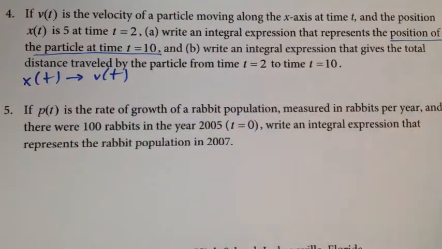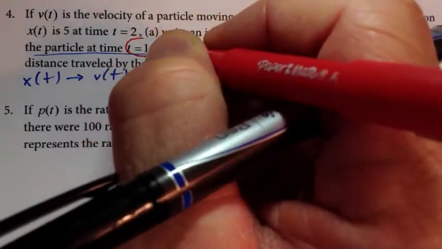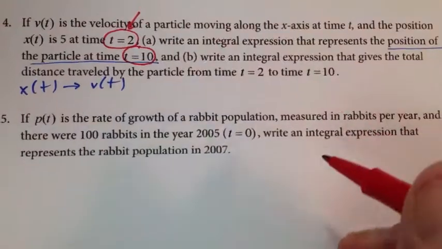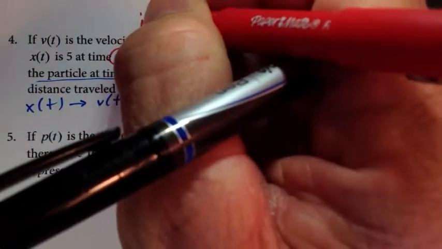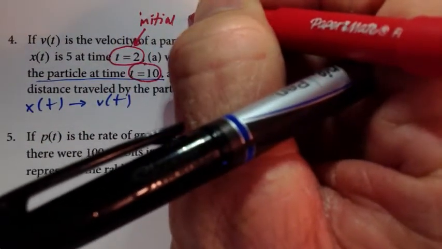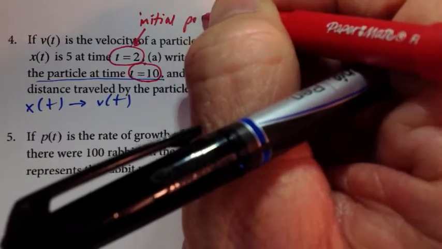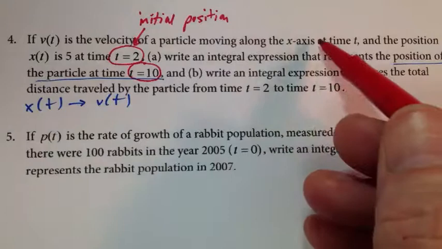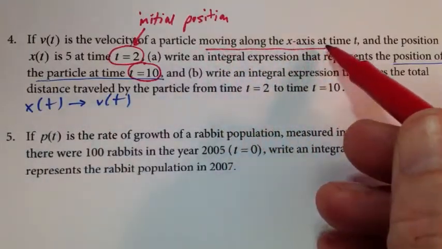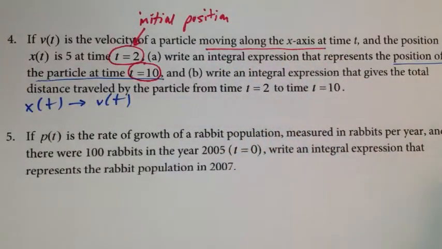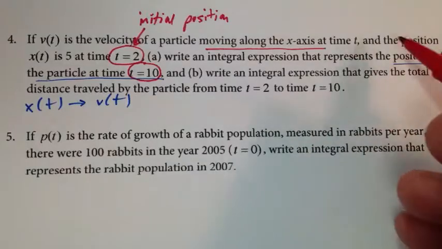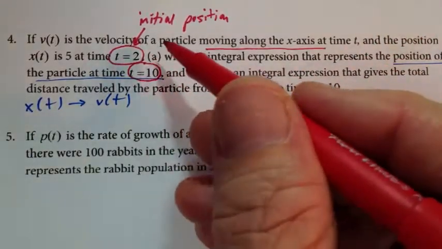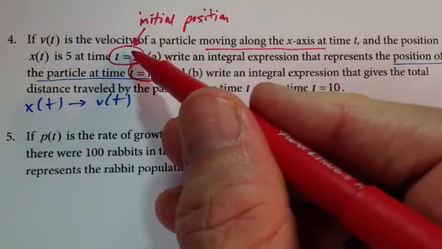So here's the thing. We've got t equals 10 and we've got t equals 2. This t equals 2 is our initial position. Because keep in mind, we're talking about a particle moving along the x-axis, so we have to have an initial position at time t, and in this case, our initial time would be t equals 2.